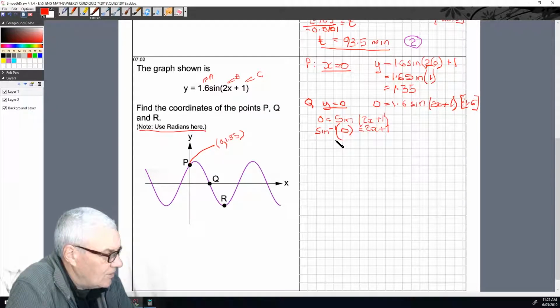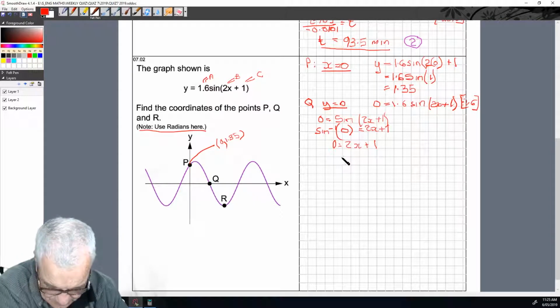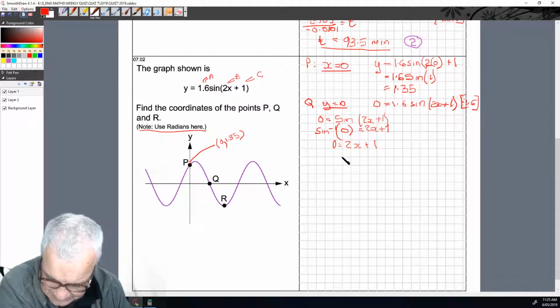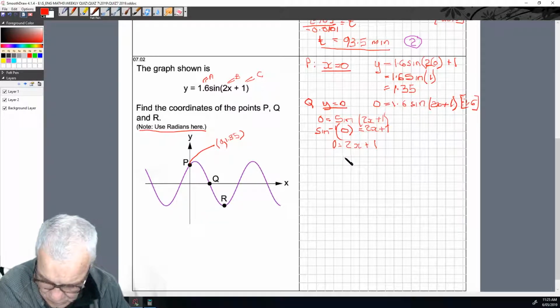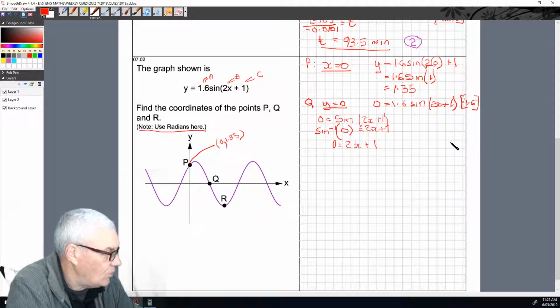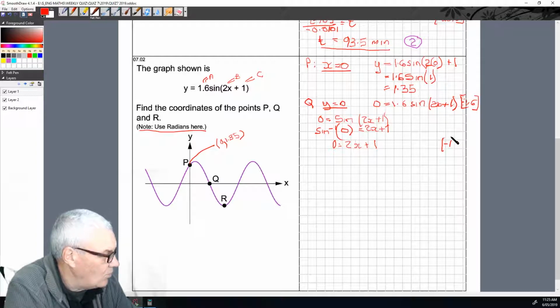So therefore we get 0 equals 2x plus 1. Therefore, we subtract 1 off both sides, and we get 2x equals -1.